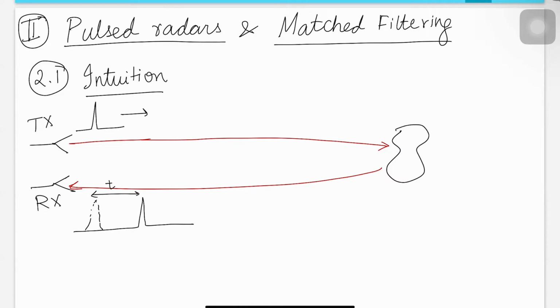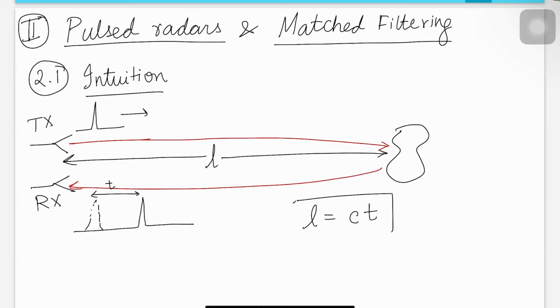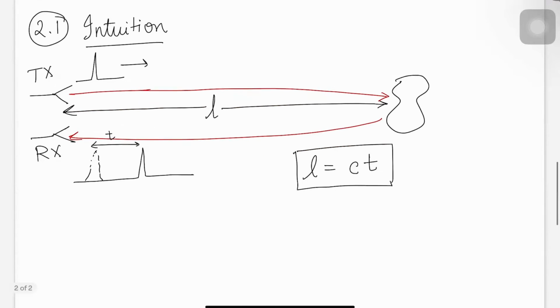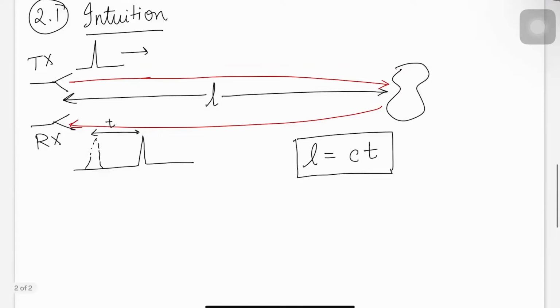By measuring this time t and using the propagation of electromagnetic waves in free space, you can say that the distance, let's call it L, just to be consistent with our previous video, is given by the fact that speed is distance over time, and here the speed is the speed of light. So L would be c times t. This is basically the idea behind a simple radar system.